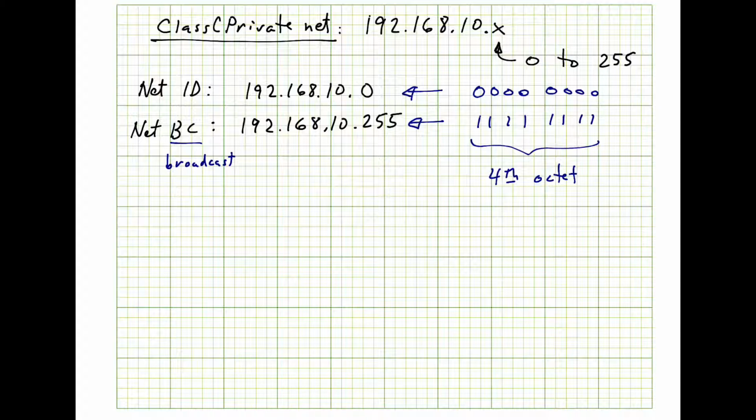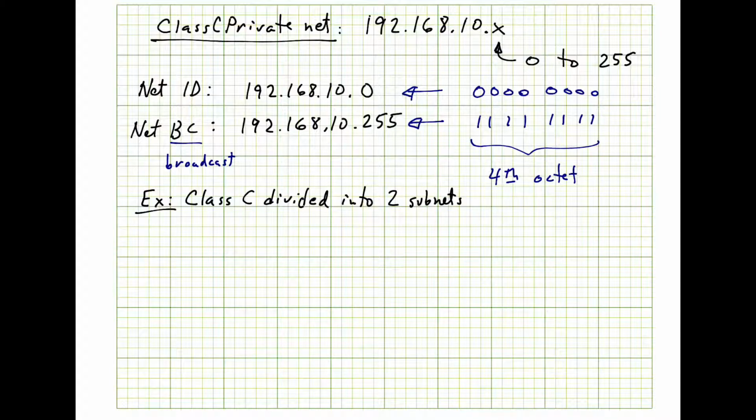Okay, so now I can talk about subnetting this private Class C into 2 subnets. So for example, Class C divided into 2 subnets.